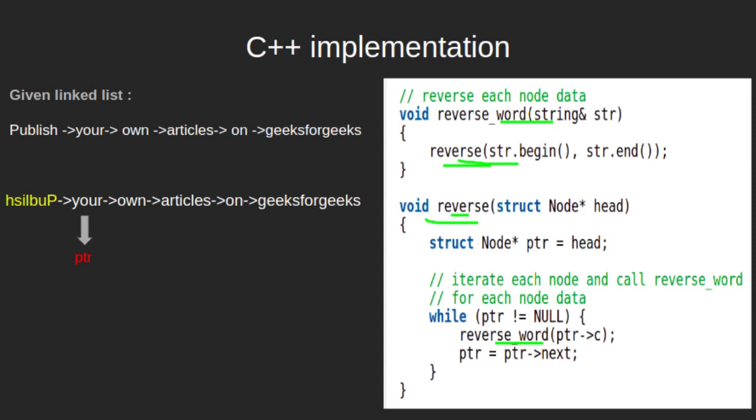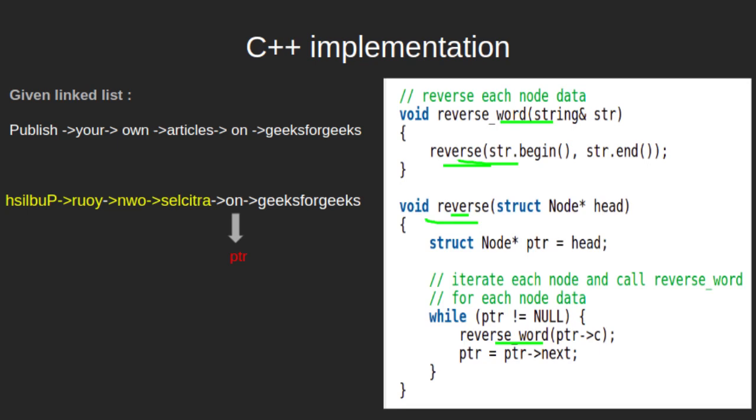Since ptr is not null, we reverse this word and move ptr to the next node. We reverse ptr node data and move on to the next node. Similarly, we reverse each word. So the word articles is reversed.